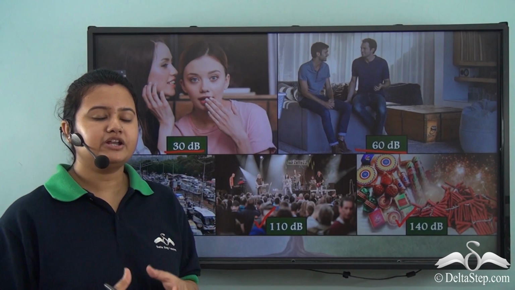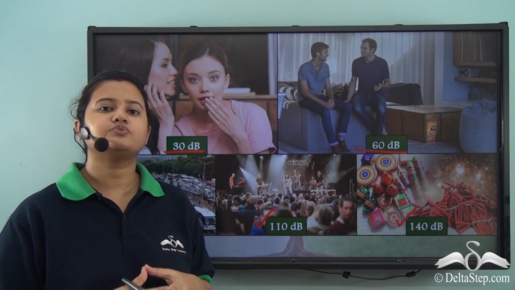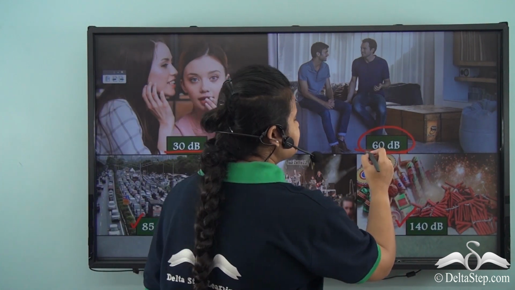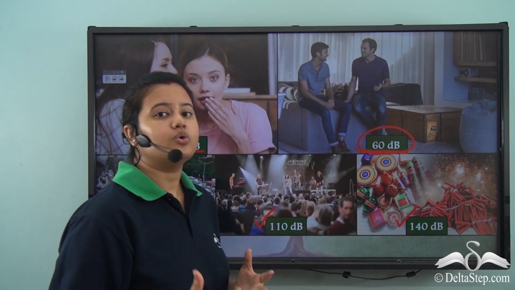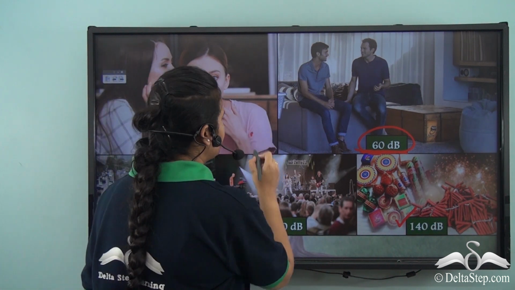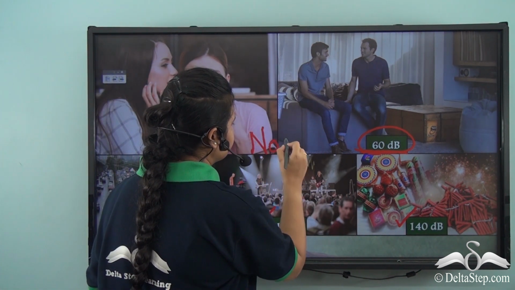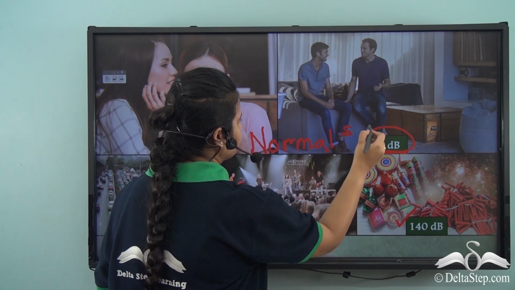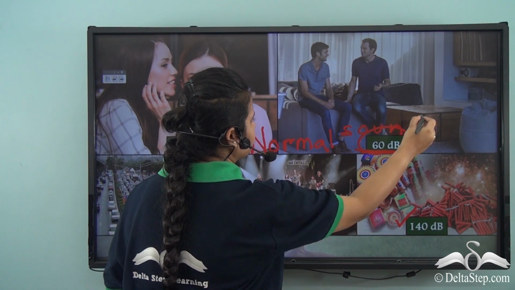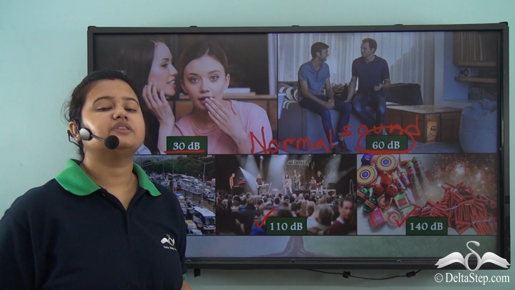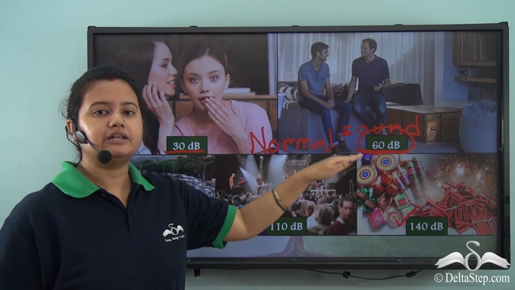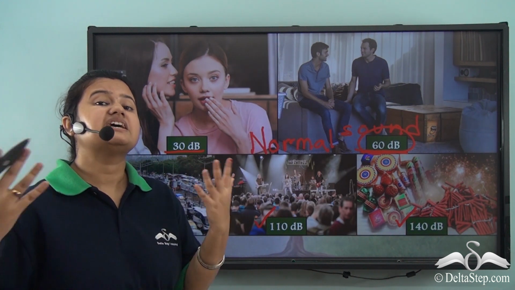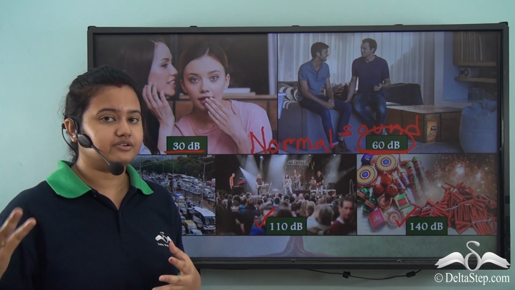Now as I just mentioned, the normal conversation between two people is 60 decibel. Now this 60 decibel and below is considered as normal sound. And any sound that is above this tolerable limit is usually unpleasant for us, and it creates disturbances in our ears.